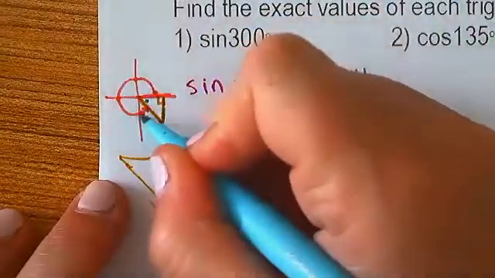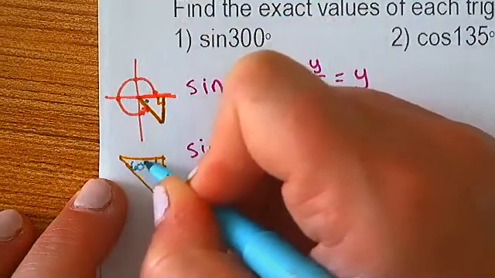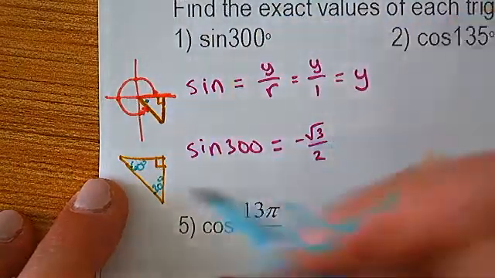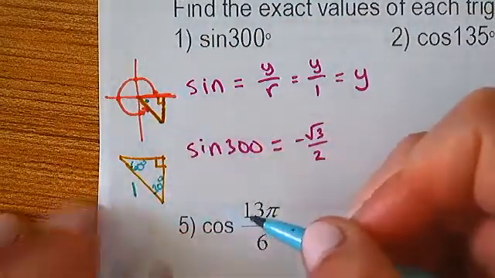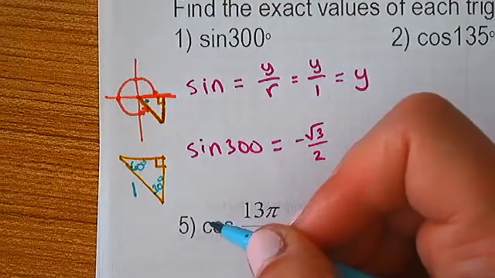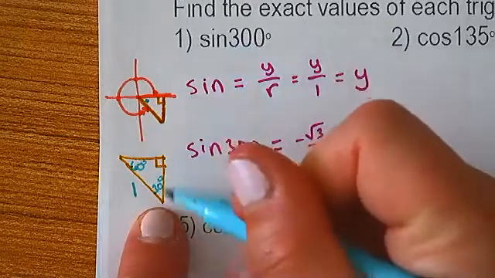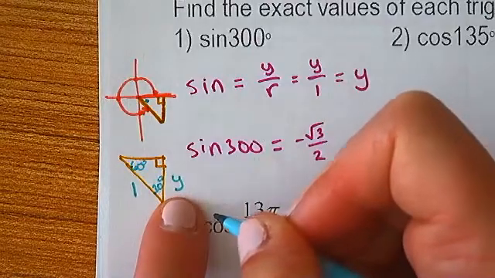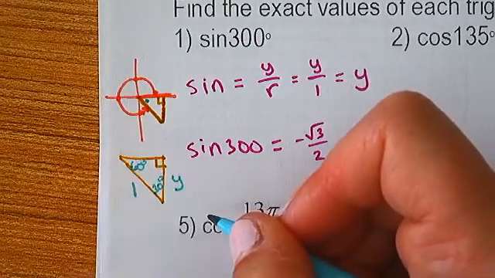Well, if this is 300 and this is 360, then that would make this 60 and this 30, right? On all unit circles, how big is my radius? 1. And now I can apply special right triangles. So if I know that sine is the y value, that would be here. That's y. So I want to find that value. That's across from the 60 degrees, so I do need to find the x value first.